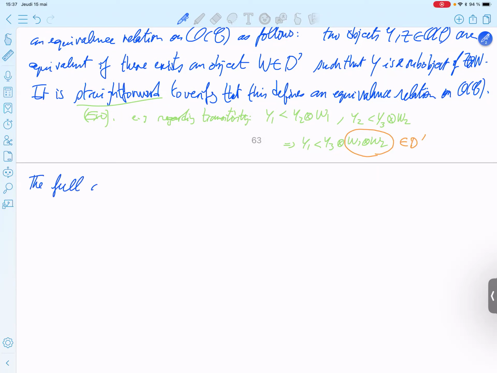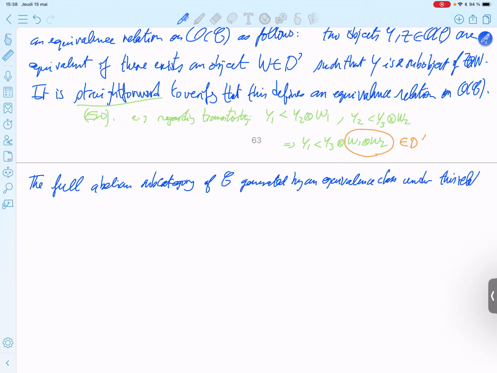The full abelian subcategory of C generated by an equivalence class under this relation is called a D prime component. And now we will explain the relation with the module.